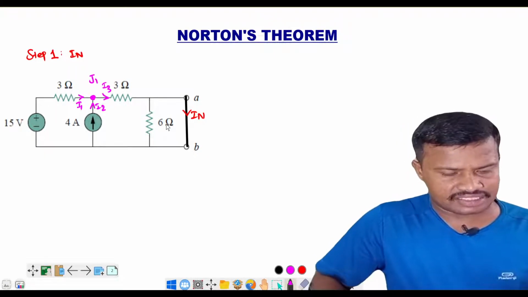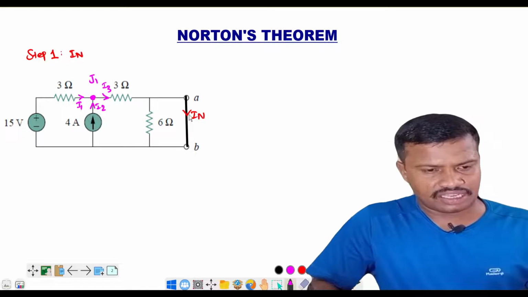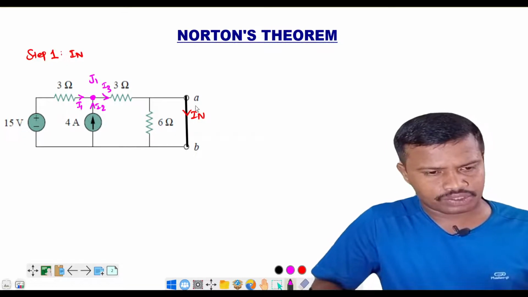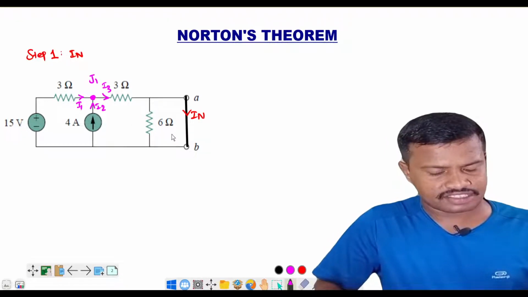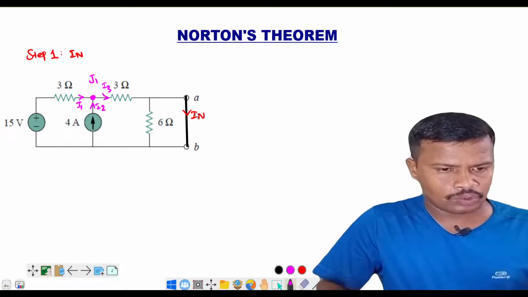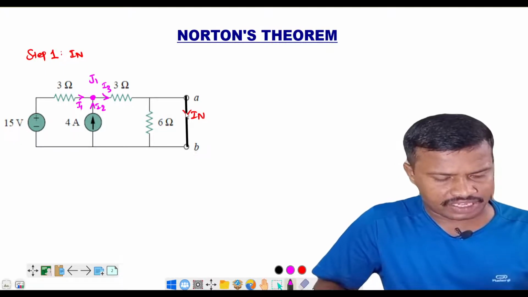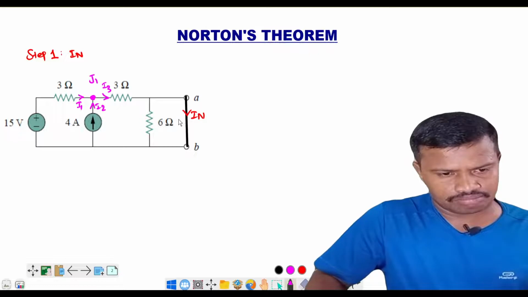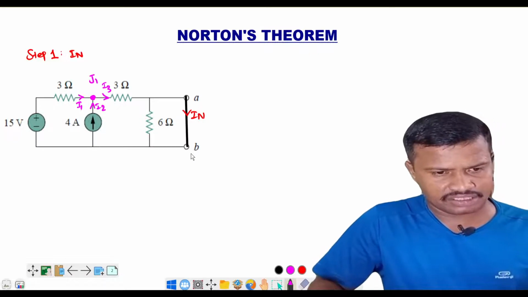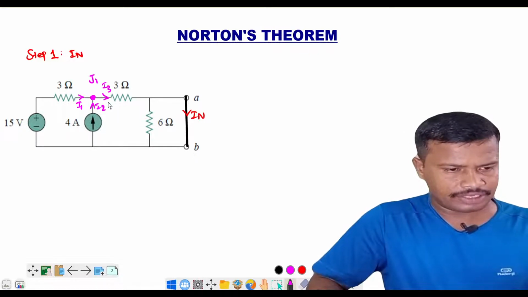Or we can say the 6 ohm resistor and the fully short circuited path both are in parallel, so the equivalent resistance will be very low. So the amount of current flowing through A and B is equal to I3.